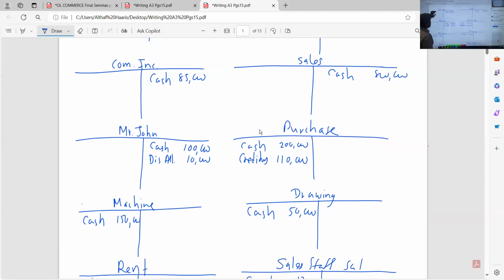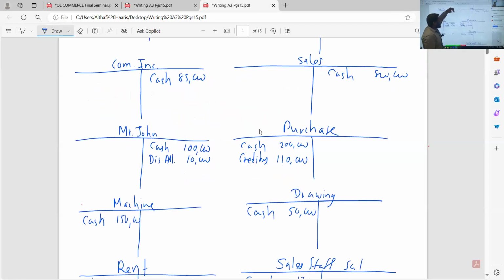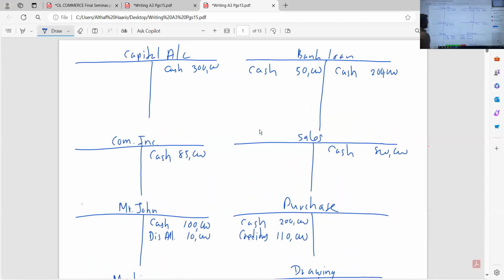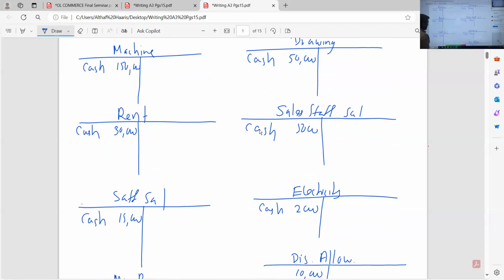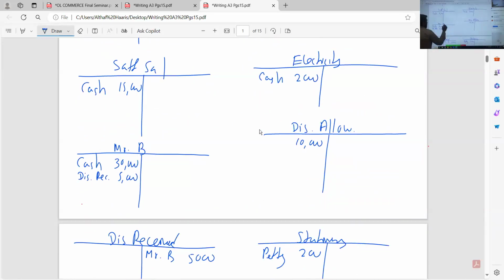So individual values you have to write in the individual accounts. So we had the account for Mr. A and Mr. B. Creditors, our liabilities are increasing. Mr. B here, purchase, credit.